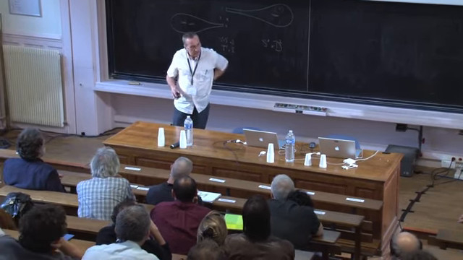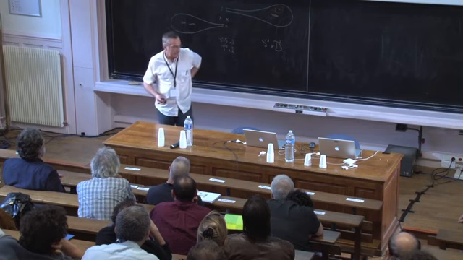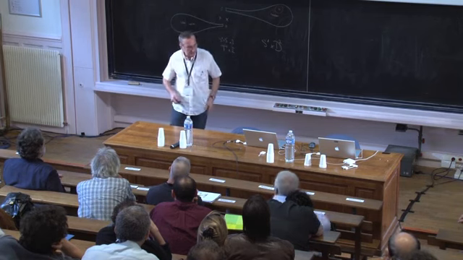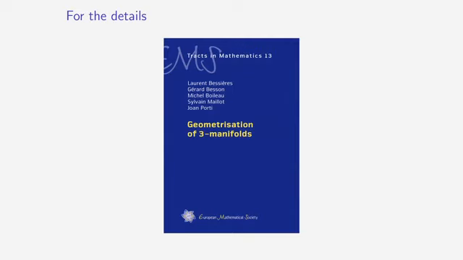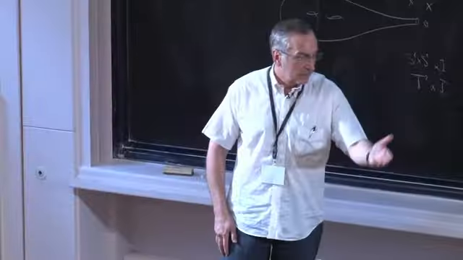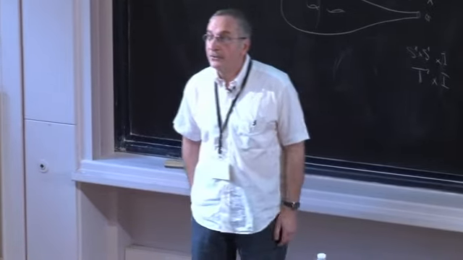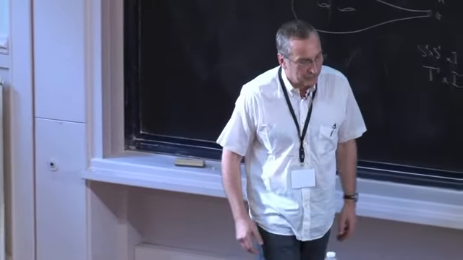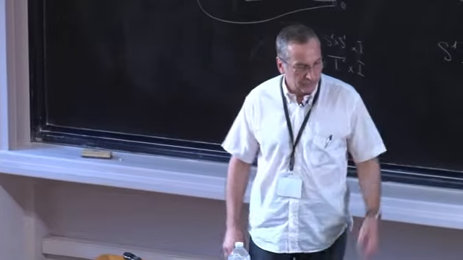And it ends in the same way as Etienne Ghys' group activity, by a book, which is about to be published, where we wrote the details about the Ricci flow and details of this approach for the geometrization. It will be published by the European Mathematical Society. I'm happy to thank the people from the EMS who helped us a lot with the book.